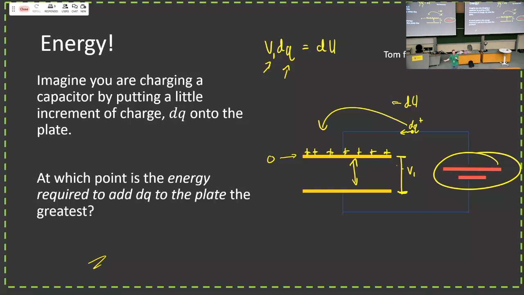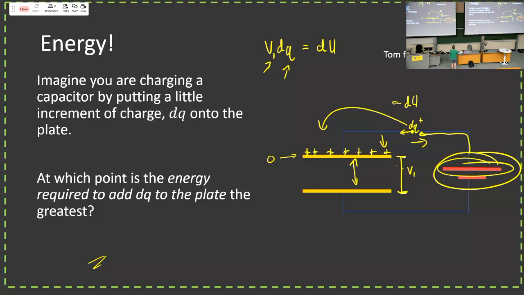The battery has no more push than the capacitor. In fact, they're pushing an equal amount against each other. The positive charge here, if you tried to make it go this way, would experience exactly as much force pushing it back from the positive charges here as it would experience from the battery pushing it forward. And the only way to get more charge onto that capacitor is to increase the voltage of the battery, to push harder. That's how you would stack more charge on it.